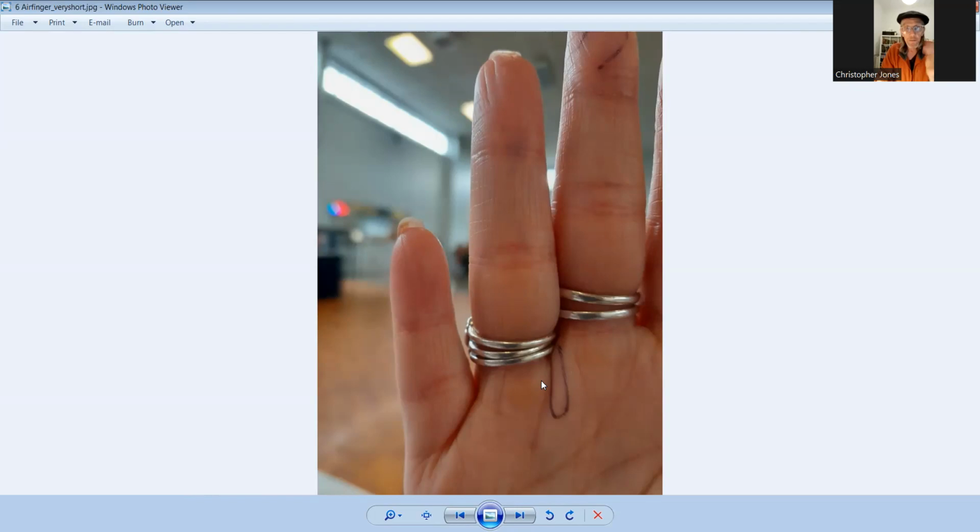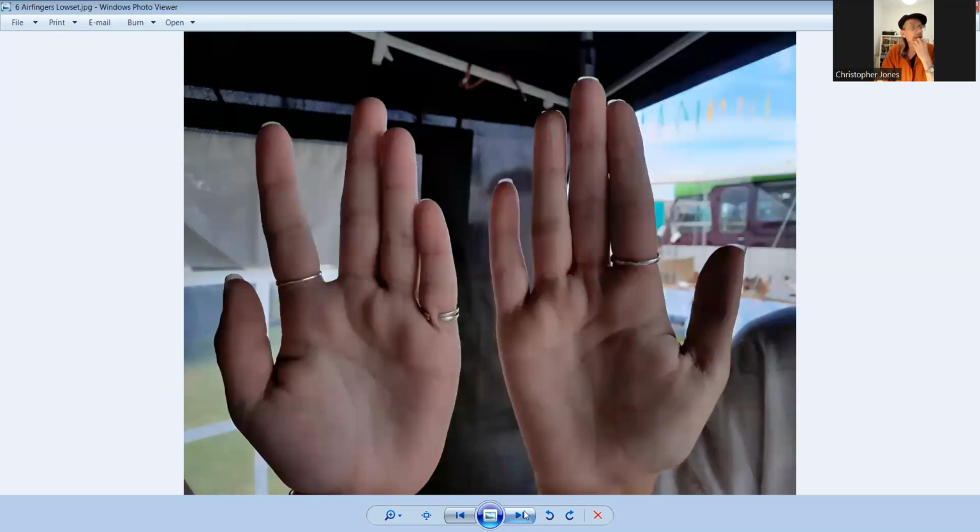And usually when it's low set like this, it shows that the problem has arisen through some kind of issue during childhood. So that's one of the fascinating things I think about the fingers in the hands, is that they actually relate a lot to our childhood developmental experiences as well.